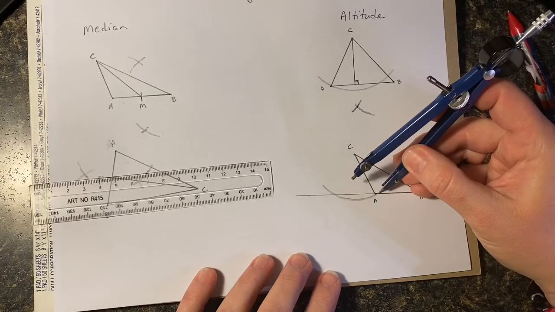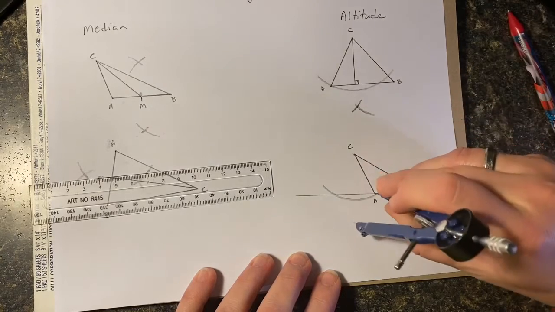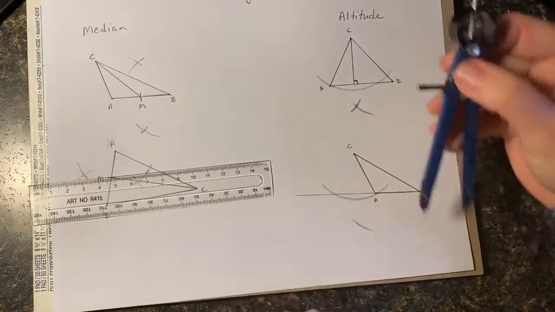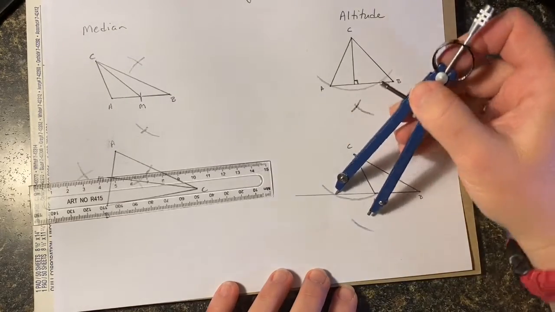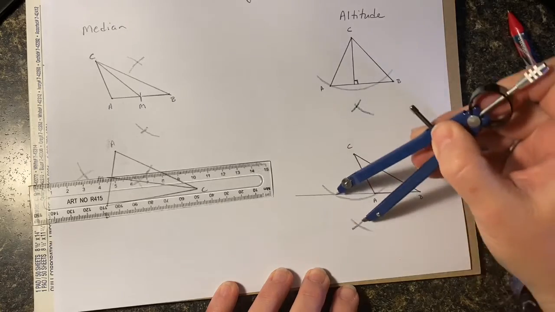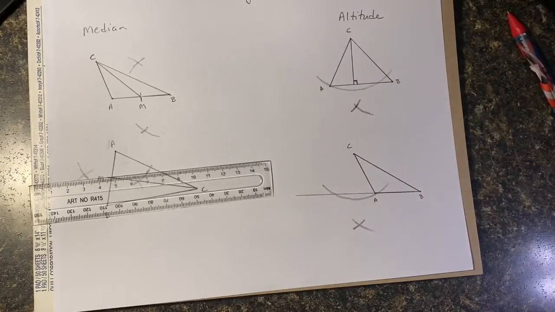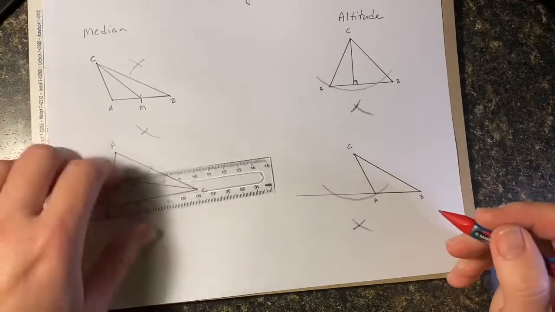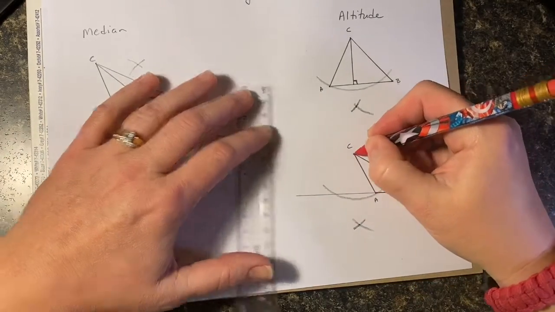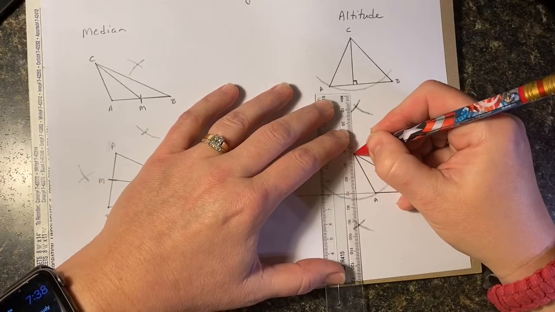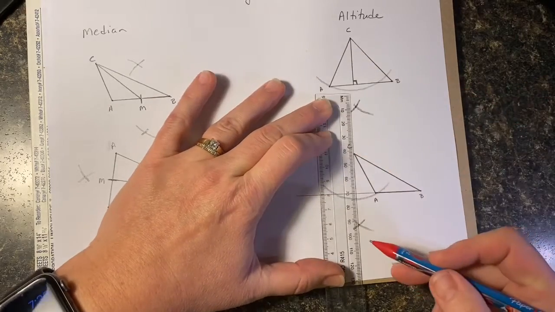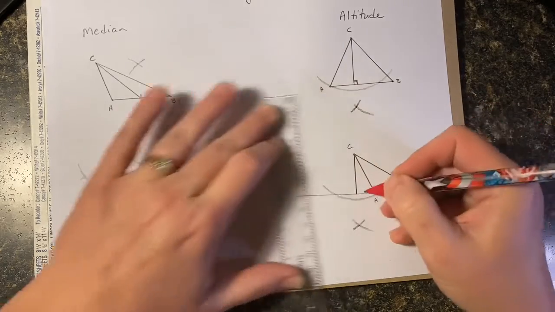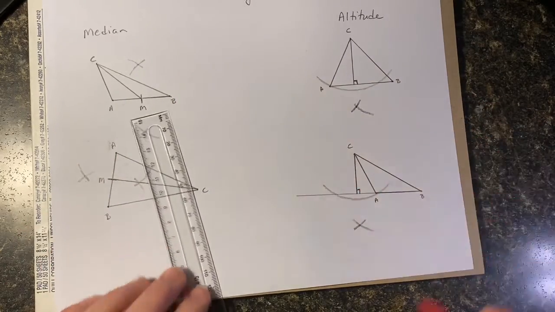And then at each of the intersection points, I'm going to put my pin and draw an arc. So I'm going to do one from that side, put my pin here, and do one from that side. Now I've got my X, right? X marks the spot. So with my pencil at C and lining it up with the X down here, I can draw a line. And that's my perpendicular, okay?